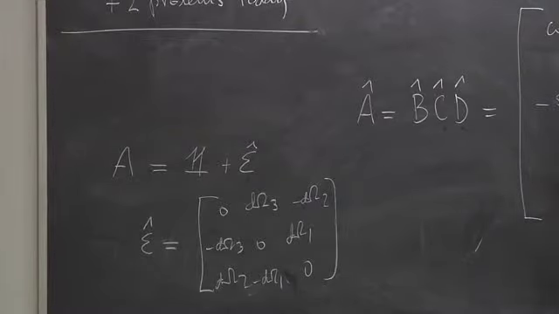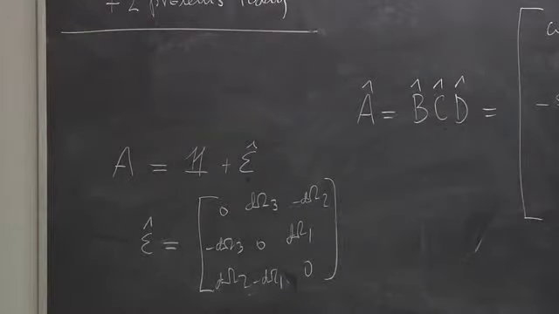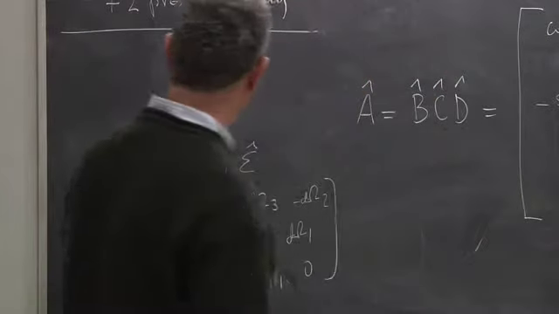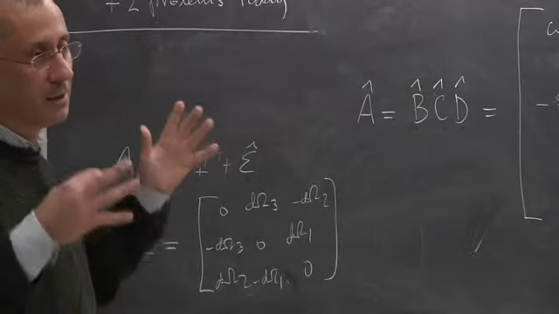To understand this, you just take this matrix and do an expansion for small rotational angles about the unit matrix. If you do that, you will see that you have one on the diagonal, and this is the unit matrix. So that's just a matrix that does not do anything, no rotation.